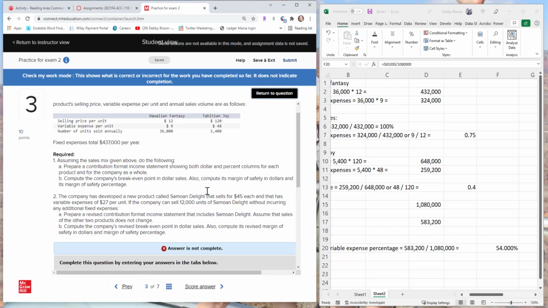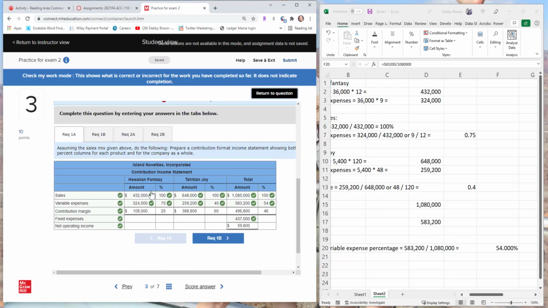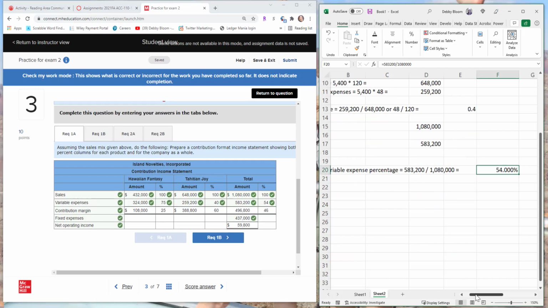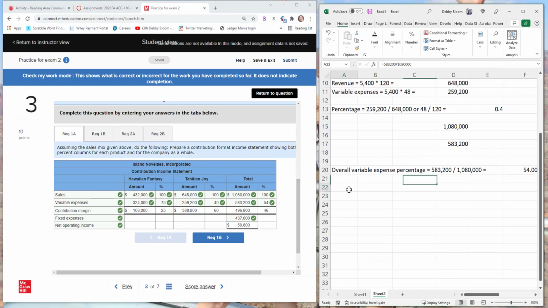Now let's move on to requirement 1B. In requirement 1B, we're supposed to compute the company's break-even point in dollar sales. So going back to the formula, to calculate a break-even point in dollar sales, you take the fixed costs and divide by the contribution margin percentage, which is the contribution margin divided by the sales.